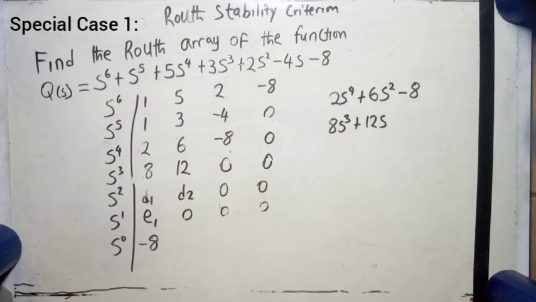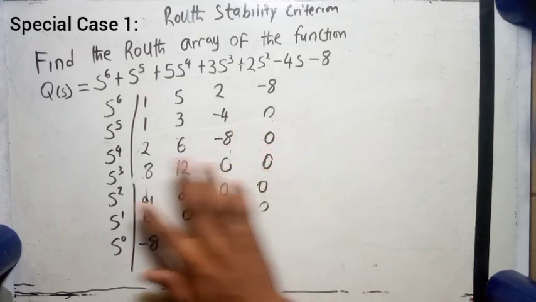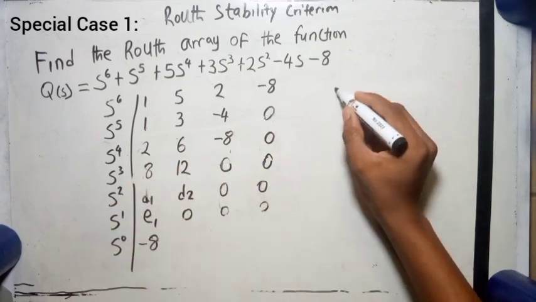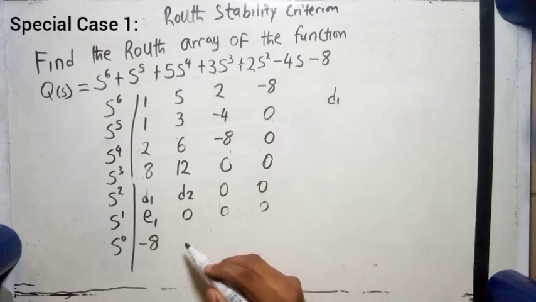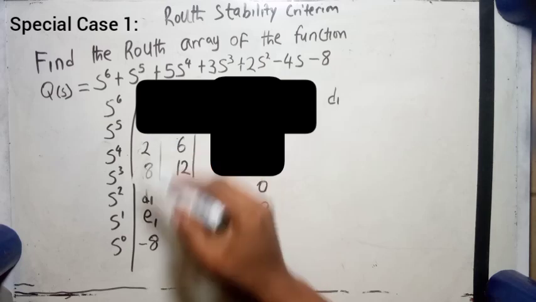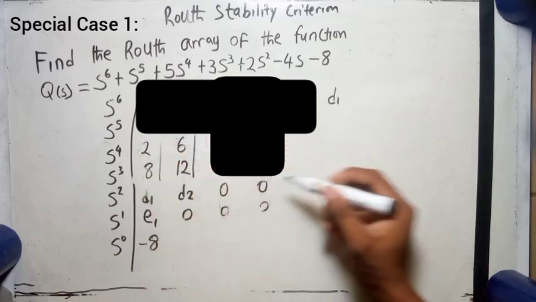Okay. Now, with that aside, we'll continue solving. We only did that especially for this one. The same procedure will still continue for the rest. Now for our D1, our D1 will be these two columns that are directly above it.